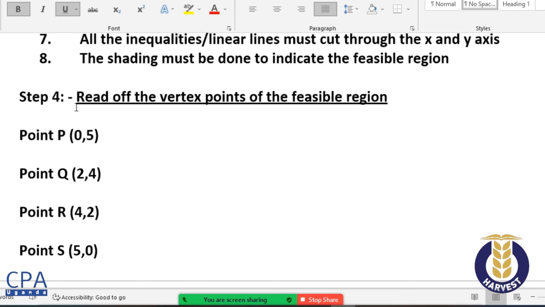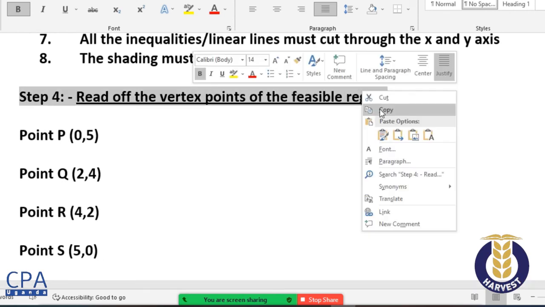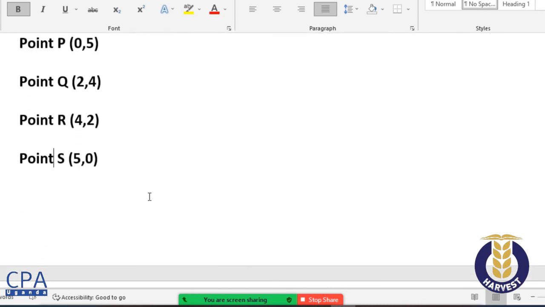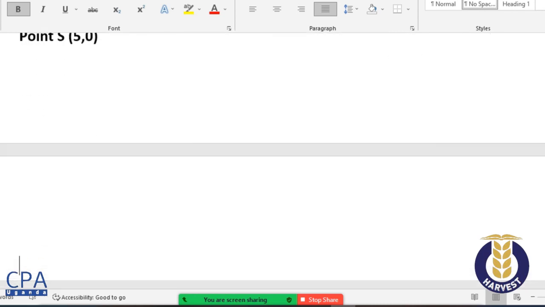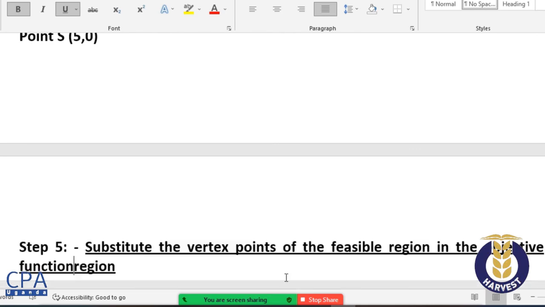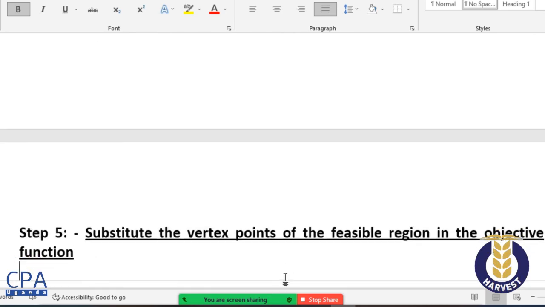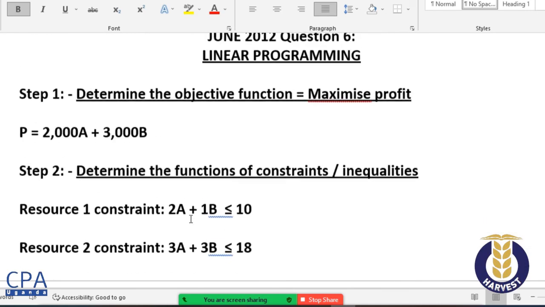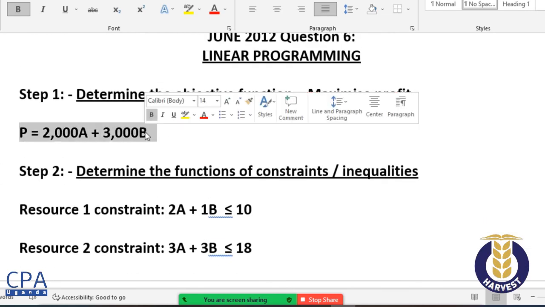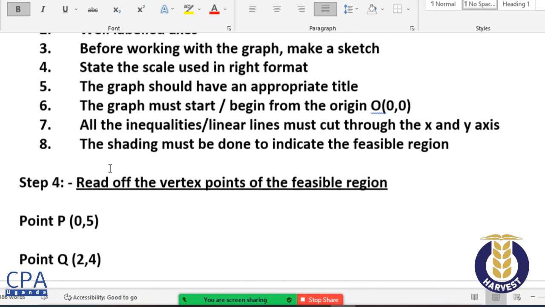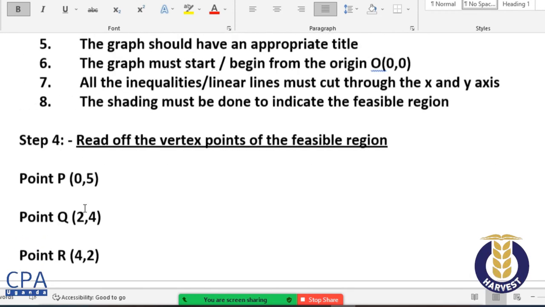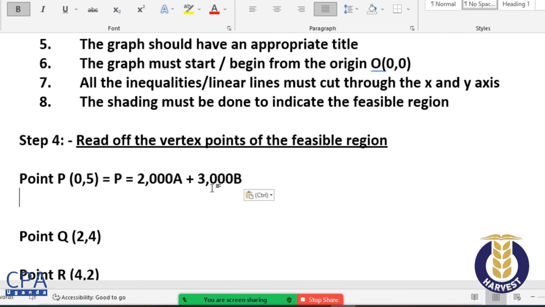Now, after getting the vertex points of the feasible region, we substitute these vertex points in the objective function. Our objective function is basically this one here. So at point P, we shall substitute.